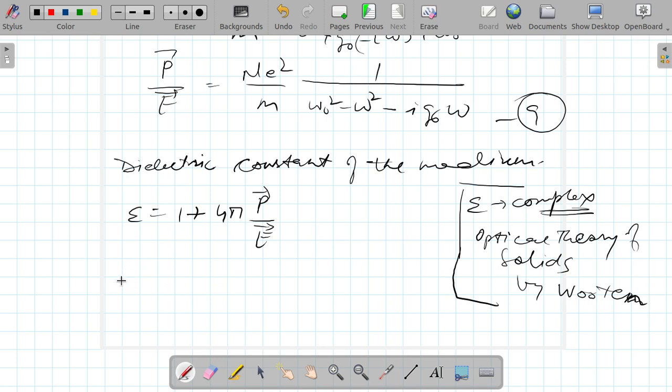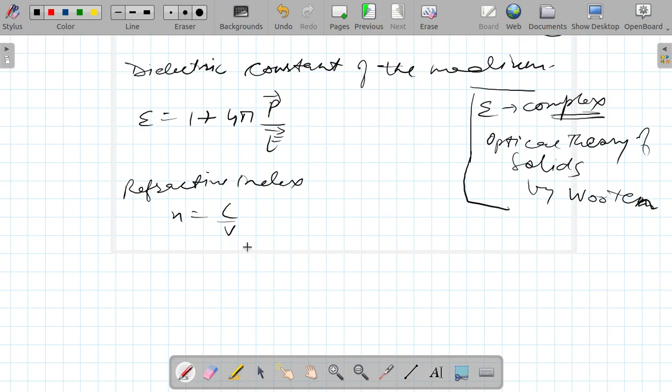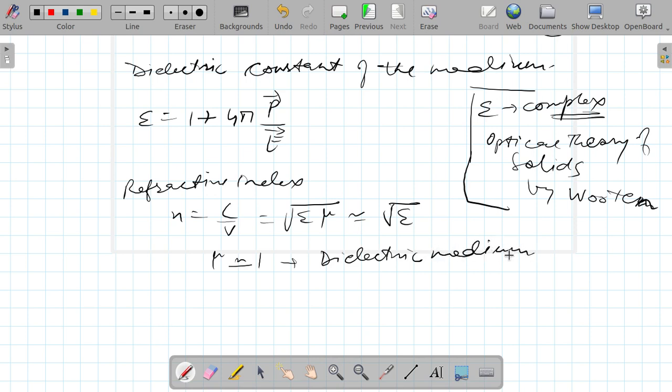So from here I can define the refractive index as n equal to c by v, or this is the square root of epsilon mu, and this is nearly equal to the square root of the dielectric constant, because the value of mu is nearly equal to 1 for a dielectric medium at optical frequencies.